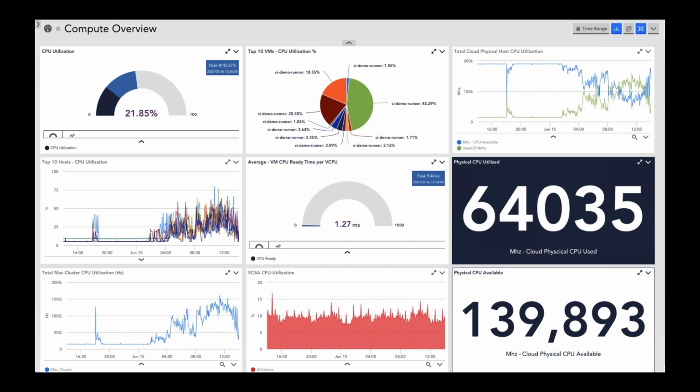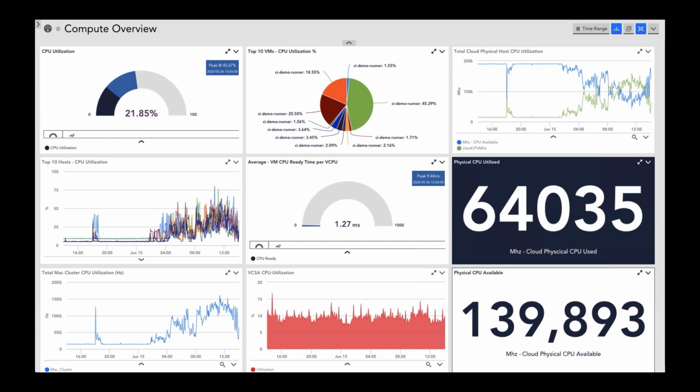Or I may want to look at the VM top 10 CPU utilization and see if I've got a particular VM that's running errant and tying up a lot of resources for a period of time. Or I may need to look at these VMs and understand maybe there's 1 or 2 of them that have too many vCPUs allocated and thus consuming the amount of slots that are available for other VMs to consume.